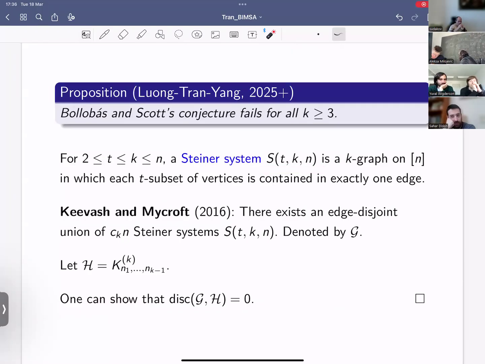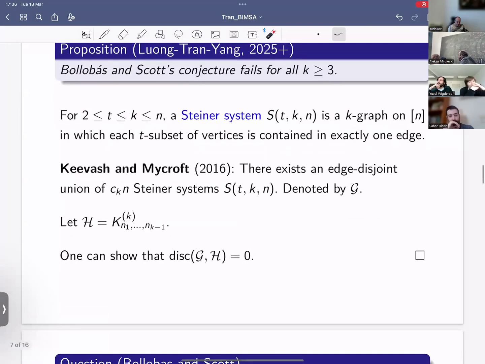For any t, k, and n, a Steiner system S(t, k, n) is a k-uniform hypergraph on n vertices, in which each t-subset of vertices is contained in exactly one edge. And Kwan and Mycroft proved that we can have a linear-size edge-disjoint union of Steiner systems. Here we should take t to be k minus 1.